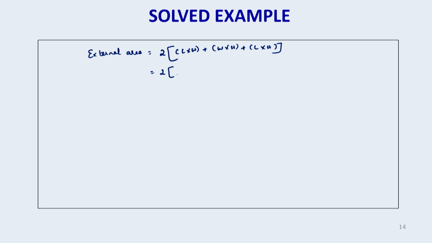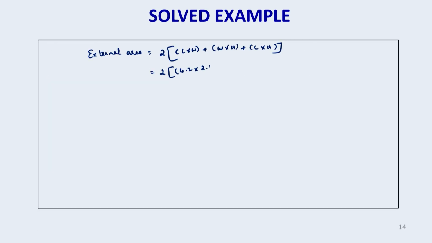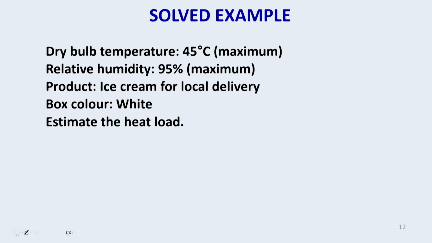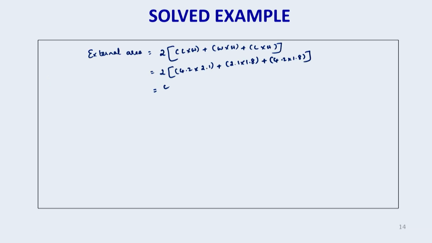So 2 into (4.2 into 2.1 plus 2.1 into 1.8 plus 4.2 into 1.8). If you calculate, the external area comes to 40.3 meter square. Now the internal area is calculated.